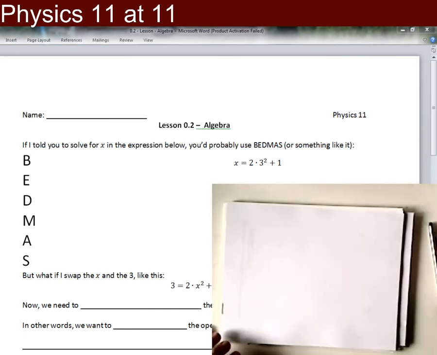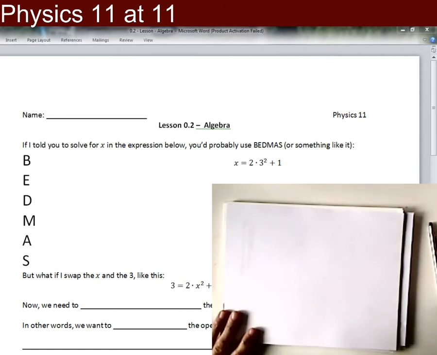Now then, what we can do is, as it shows, we can swap the x into part of the equation, and then you have to solve for that x. Well, what happens then? I guess we'll take a look at these blanks first to help you out there.